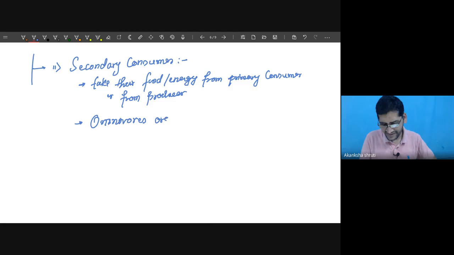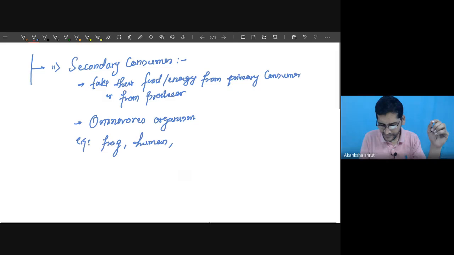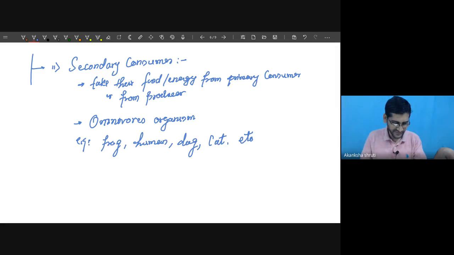Example, omnivorous you are already knowing, like frog, which can eat the insects as well as the grains and the grasses. Human, dog, cat, it is this one.